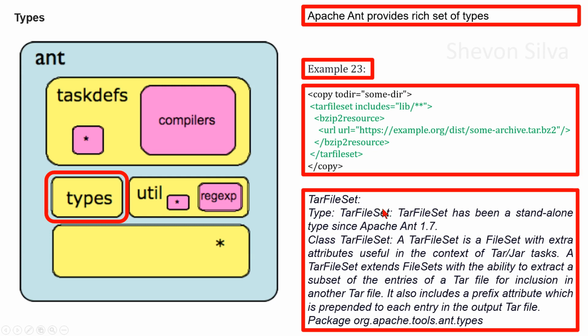Here in this example, you can see it downloads the sum-archive.tar.bz2, uncompresses and extracts it on the fly, copies the contents of the lib directory into sum-dir and discards the rest of the archive.